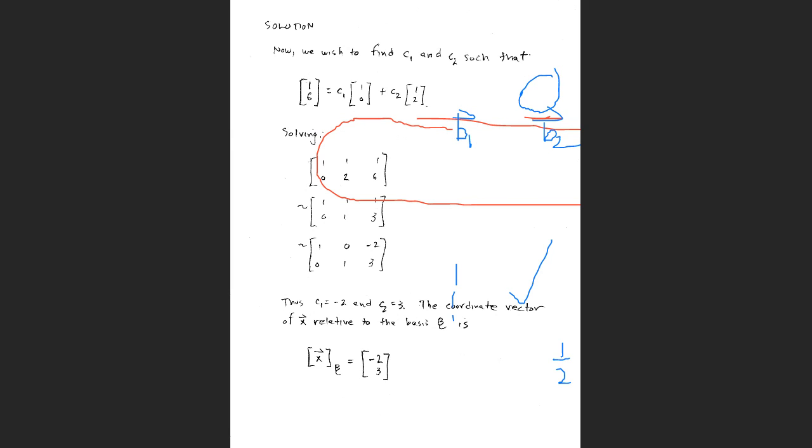So I took 1/2 times the second row, put that result in the second row, and then I took -1 times the second row, added it to the first row, and replaced the first row with that result.